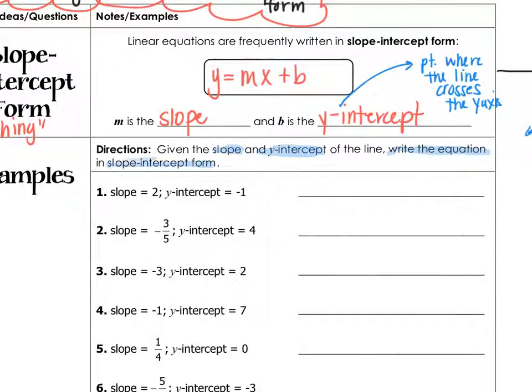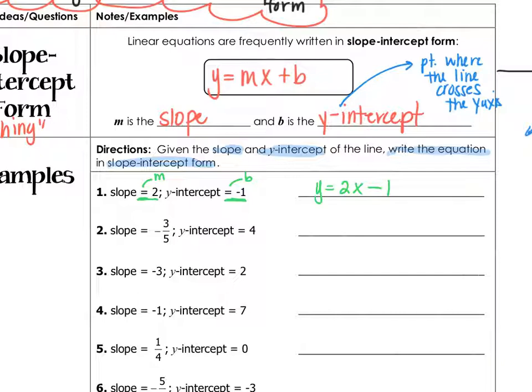Okay, so we're given the slope and the y-intercept, and we need to write the equation in slope-intercept form. So if the slope is 2 and the y-intercept is -1, well, there's your m and there's your b. So y is equal to 2x plus -1, or we could just write -1.